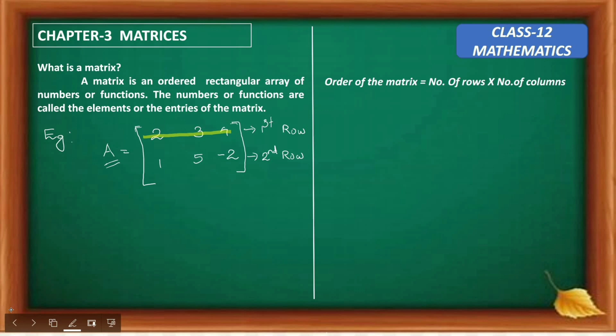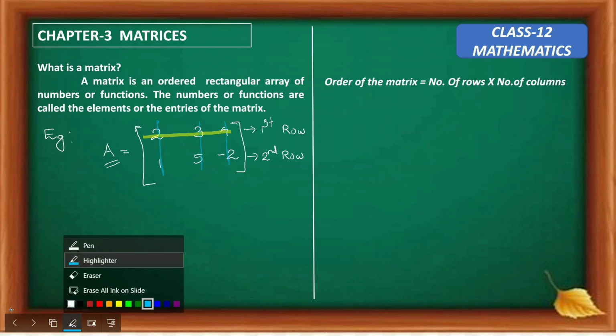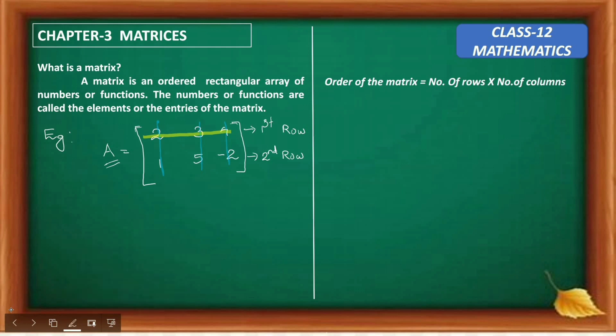Similarly, there is a first vertical line, a second vertical line, and a third vertical line. Here you can see 3 vertical lines, and vertical lines are known as columns. This is the first column, then the second column. In the second column the elements are 3 and 5.